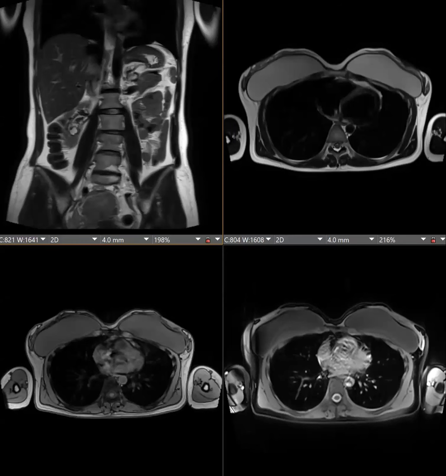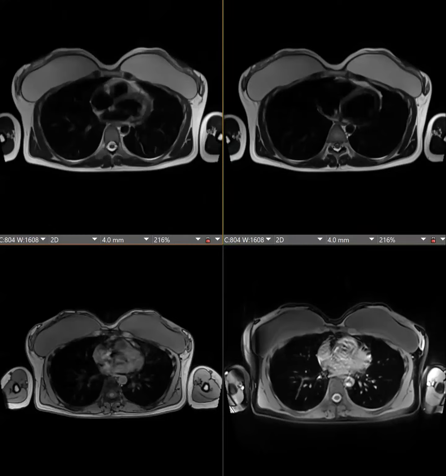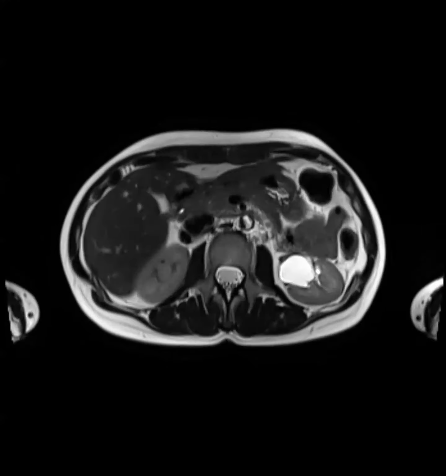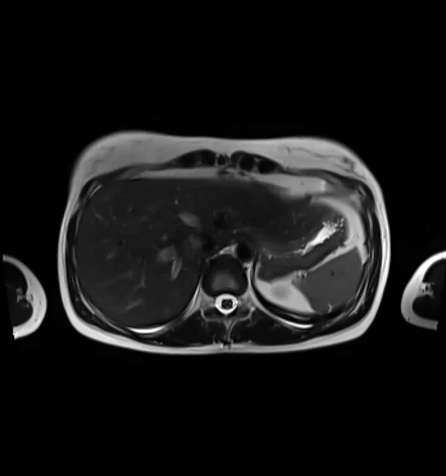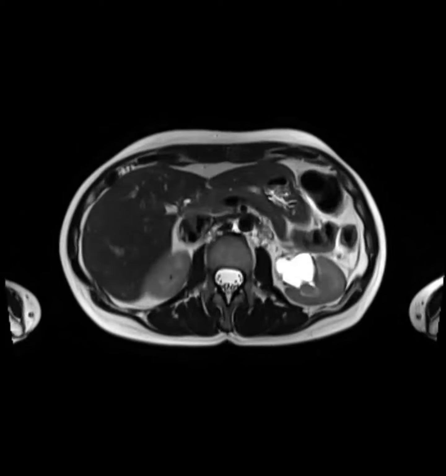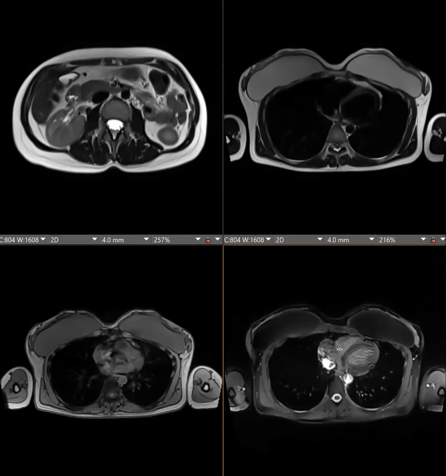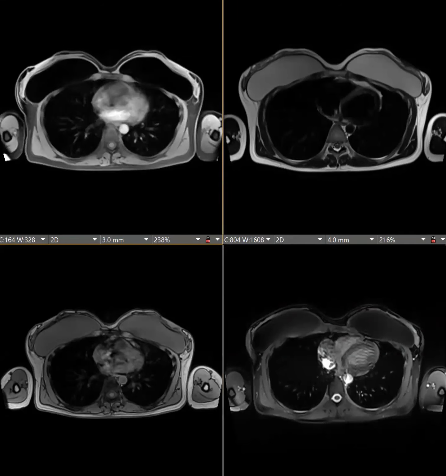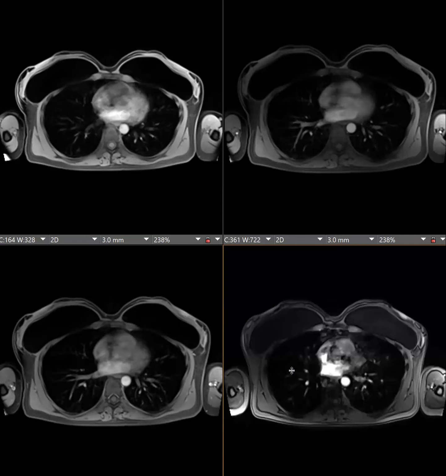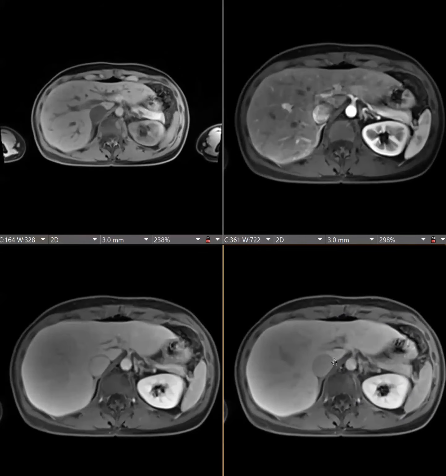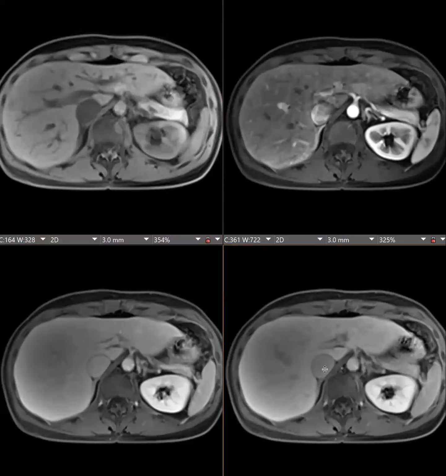Okay, so this is a patient with a history of a liver lesion. No history of hepatitis or Hep B or anything like that. So here's your T2, and here are your dynamics. Then we have a 5-minute delay.